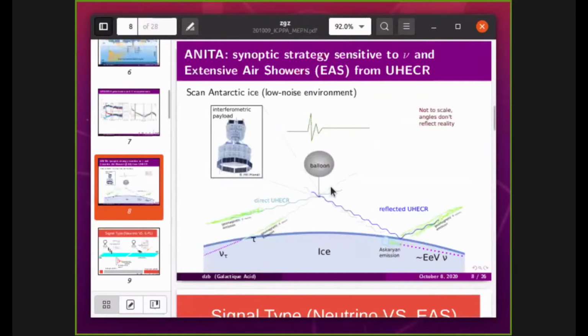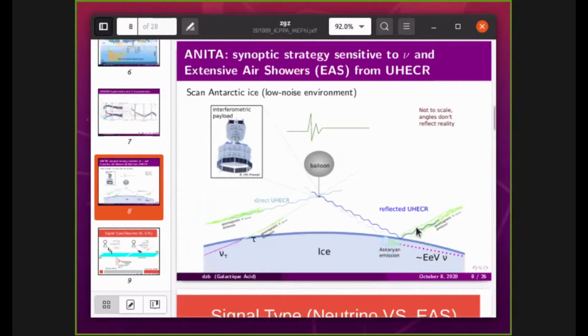Okay, the final strategy that I'll mention is the so-called synoptic strategy, which to some extent has generated the most interest of late for reasons which I'll detail in a second. Here you take a radio receiver array, you put it up on a balloon, and again, you're sensitive in principle to air showers that are produced by ultra high energy cosmic rays. There you get radio signals, so-called geomagnetic signals, that will propagate down to the surface, and then they will reflect back up to the gondola.